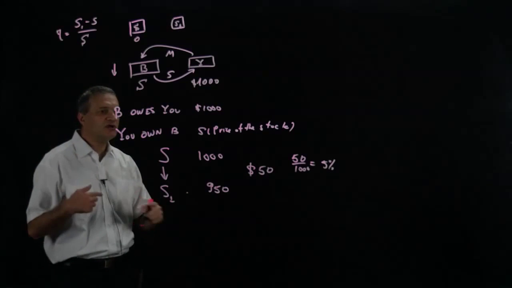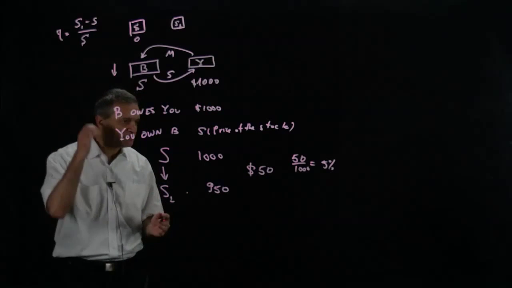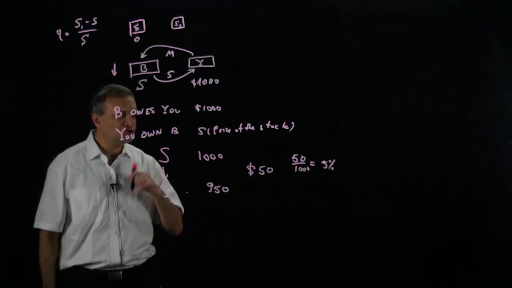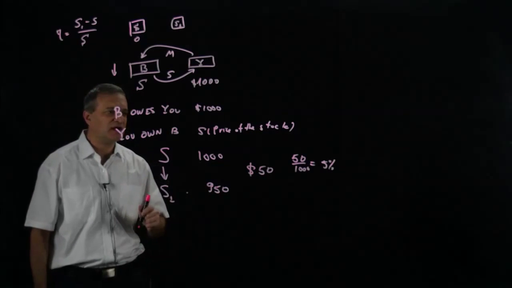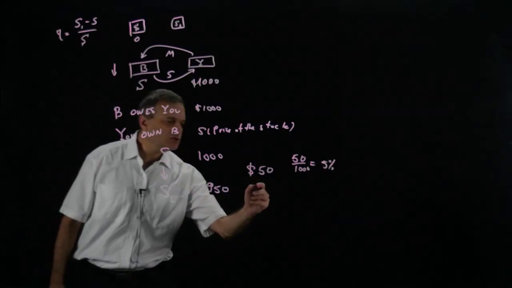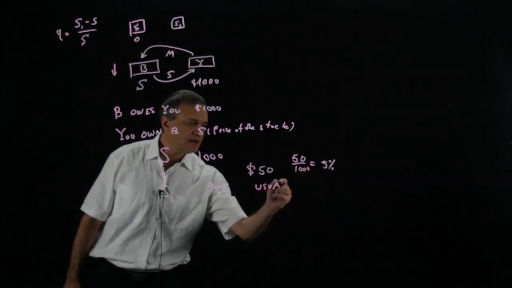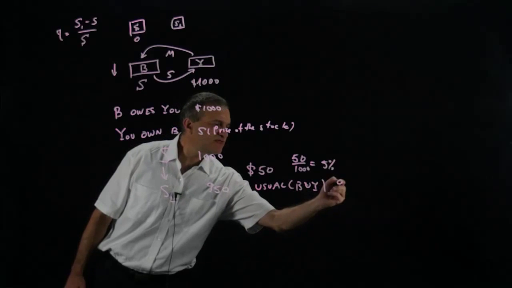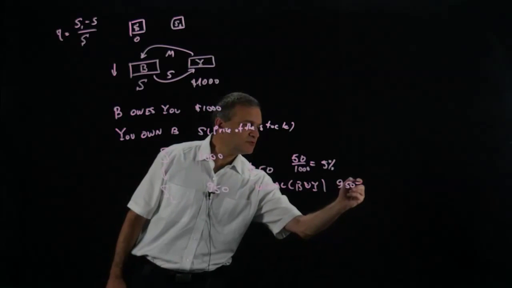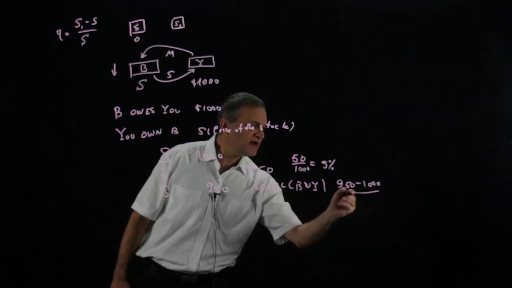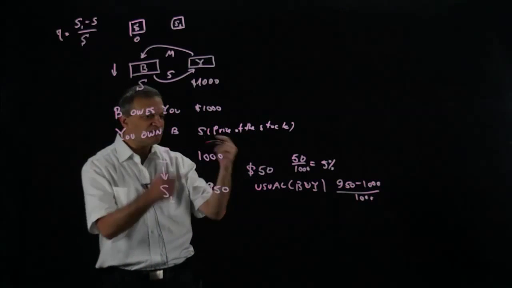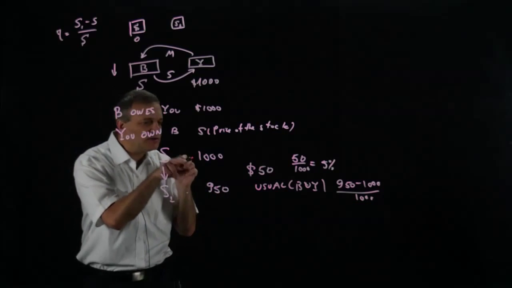Now, if we are going to translate it into performance calculation, our usual formula, if you would have bought the stock, will be 950 minus 1,000 divided by 1,000. What you guys have is vice versa because you actually owe the stock.